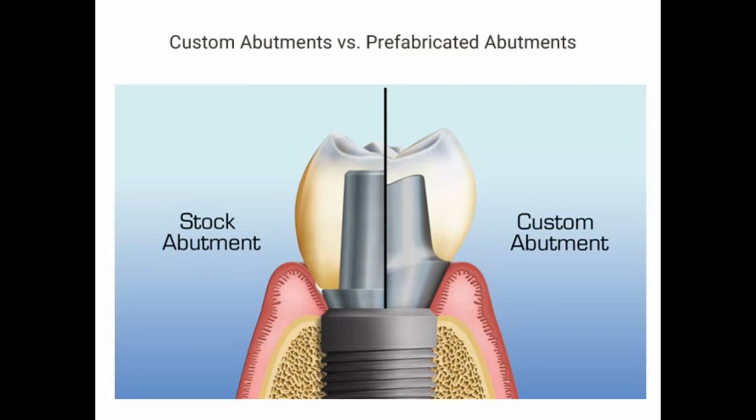For example, there is insufficient interocclusal space where the abutment would not have sufficient height to retain a crown, or the implant requires an angle of correction greater than 15 degrees. Or the collar height is more than 1 millimeter greater than the largest collar height offered by the manufacturer.